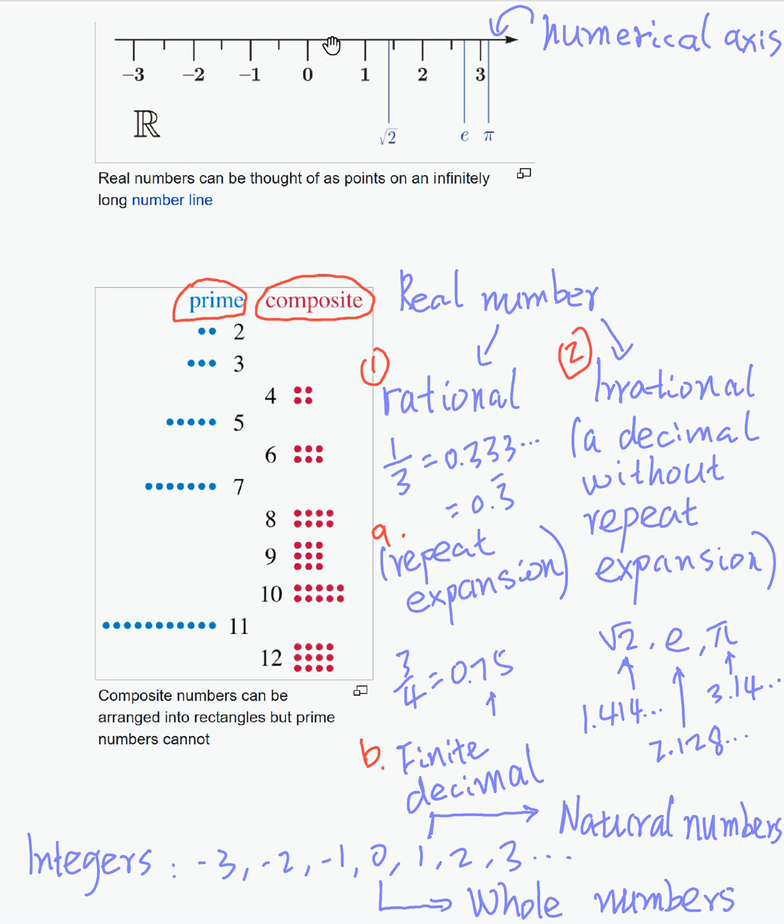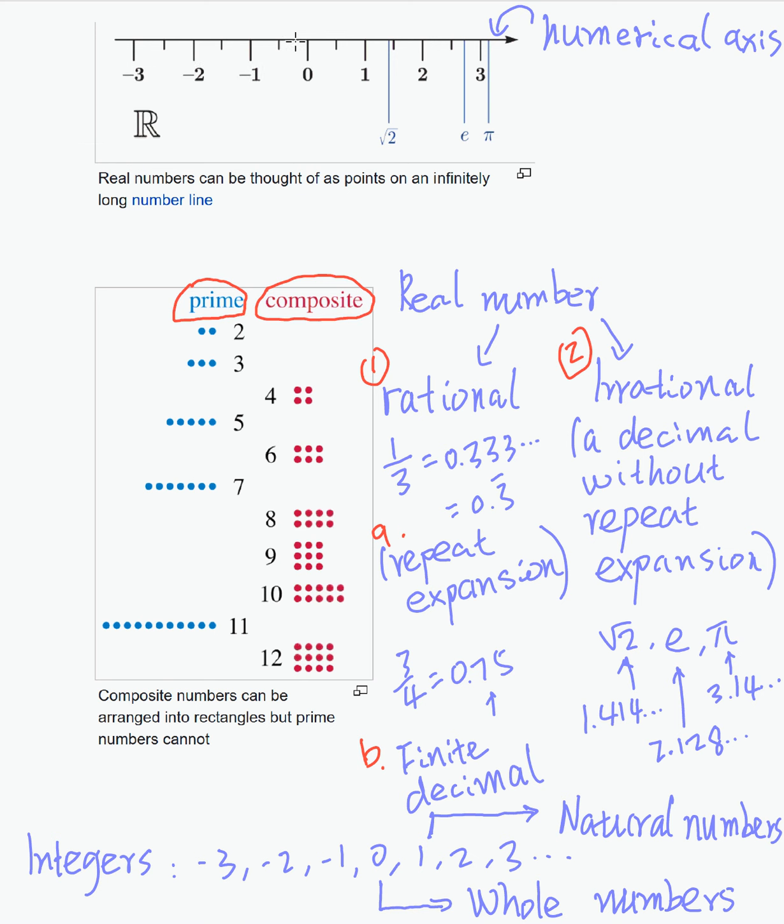On the real number line, from 0 to 1, you divide into 3 parts and then choose 1 part. That's roughly here. So this place is 1/3.